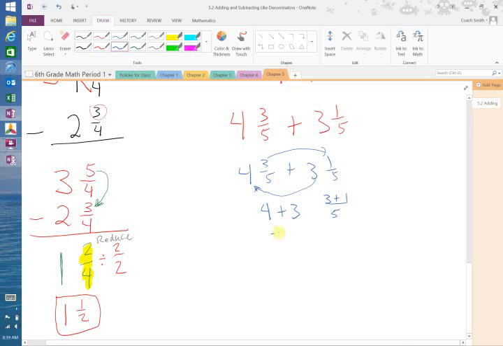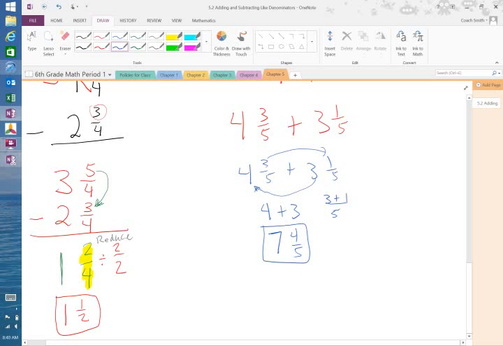So 4 plus 3 is 7. 3 plus 1 is 4, and the 5 stays the same. Now, are there any common factors between 4 and 5? No. So it stays that. That's as far as we can go with it.